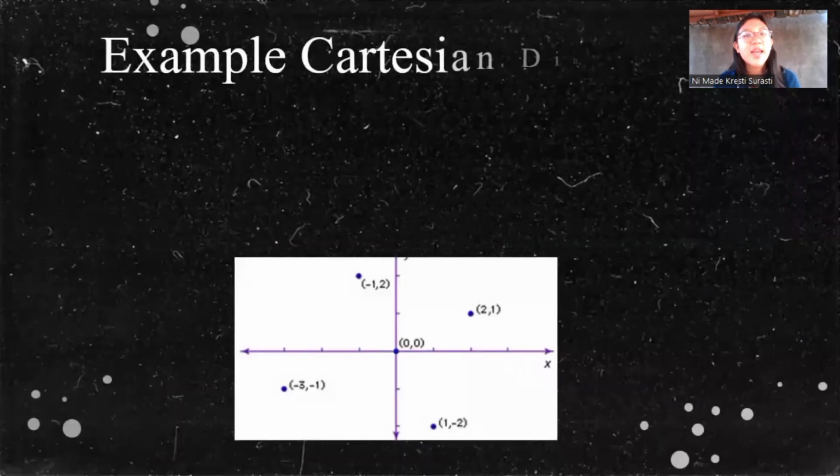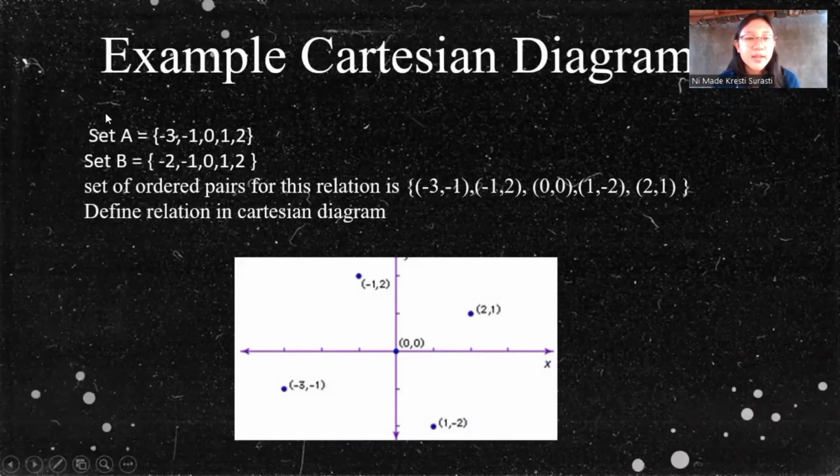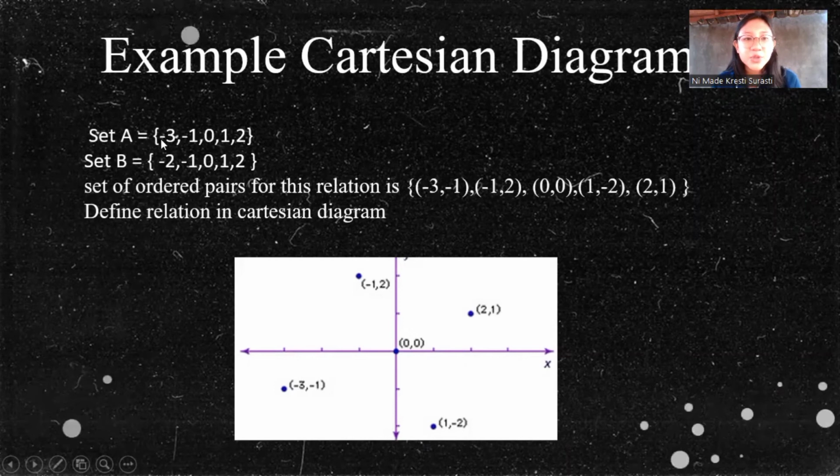So next is the example of a Cartesian diagram. We have set A of -3, -1, 0, 1, and 2, and set B of -2, -1, 0, 1, and 3.